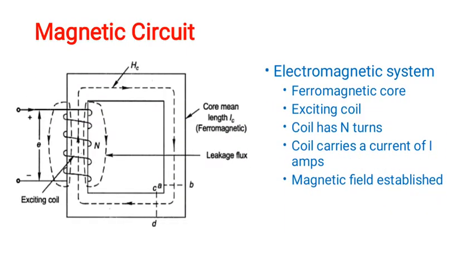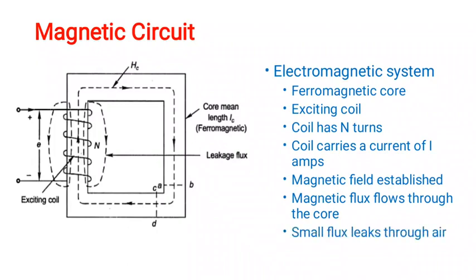So the magnetic field is established in the core, and the magnetic flux will flow through this core. A small flux will get leaked out. This is your leakage flux. So this is your magnetic circuit.